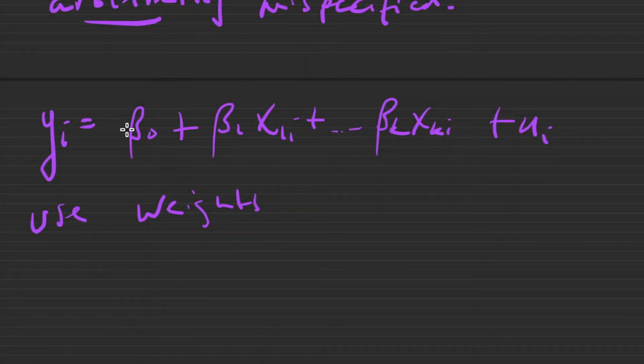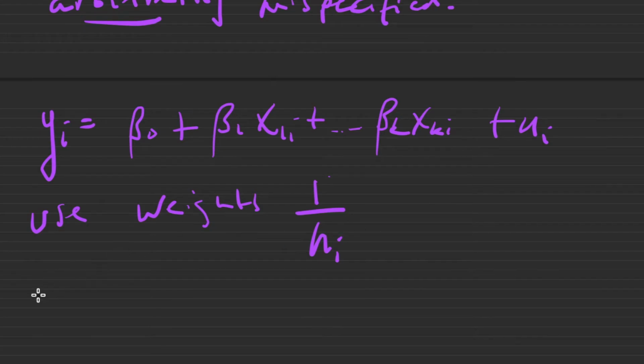So we have an equation yi equals beta naught plus beta 1 x1i through beta k xki plus ui, and we have heteroscedasticity in the error term. So we want to transform this regression using weights. We want to weight the observations that have larger variance with less weight. The weights that we use are 1 over hi, and these are the weights that are given to each squared residual.